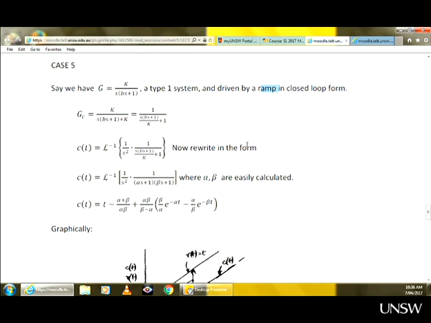Closed loop system is G over 1 plus G, the closed loop transfer function, which is this one here. Input is a ramp function. So the output would be equal to the inverse Laplace transform of this expression here.